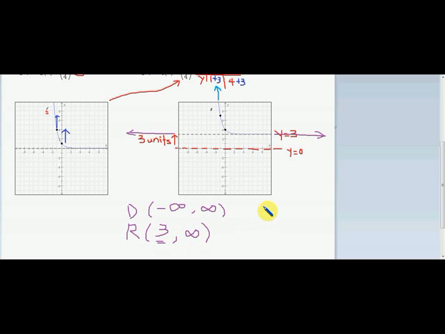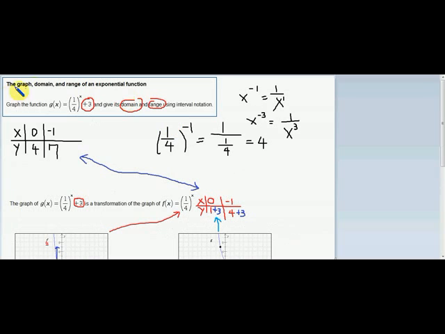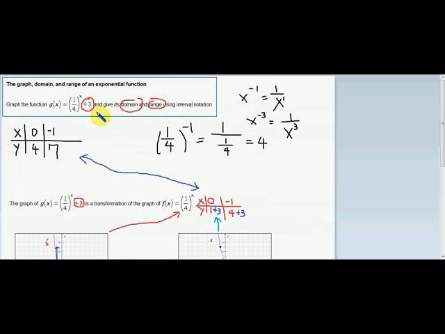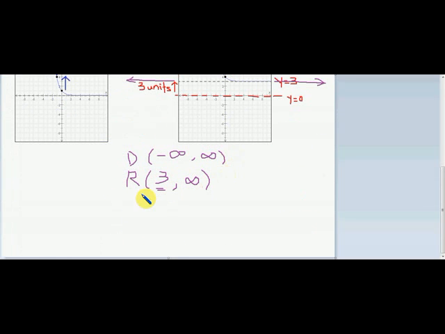Alright, so this is another example where it's the same topic, okay, the graph, domain, and range of an exponential function, but for this equation we need to move the asymptote a little bit, which also affects your answer for the range. Okay, so there is a relationship between, let me just put it down, range and asymptote.